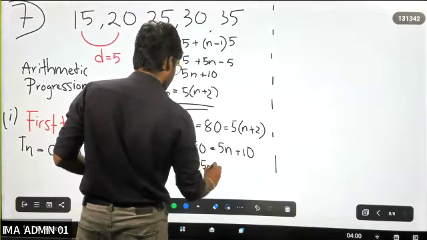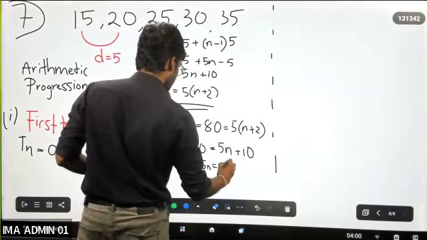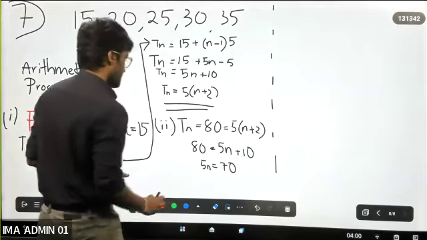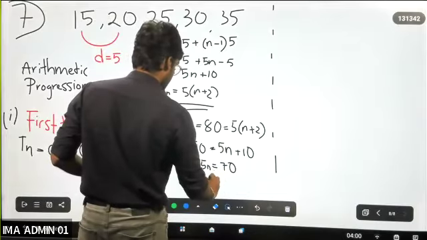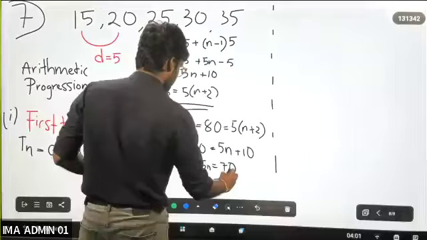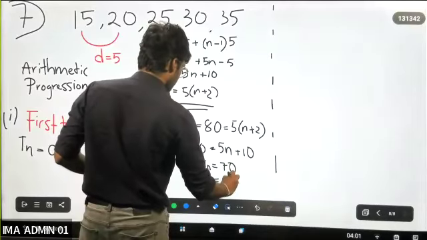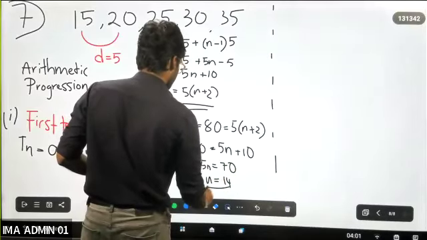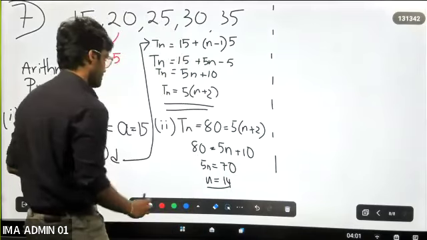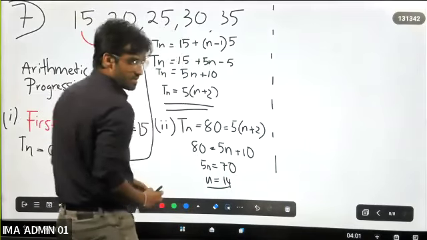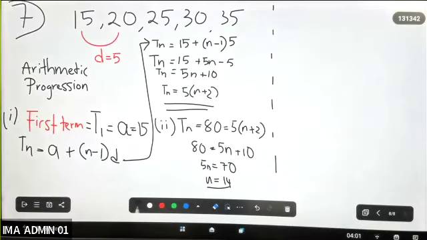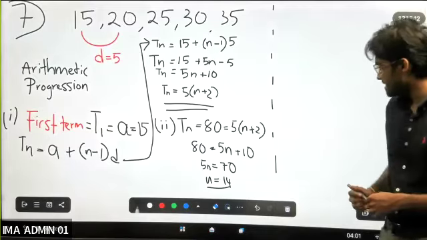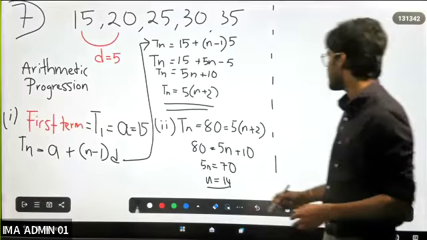So 5n is equal to 80 minus 10, which is 70. So n is equal to 14. Is there a name given for this person also? No, the patient. The patient takes 14 days to have this. We have to write that down, right?